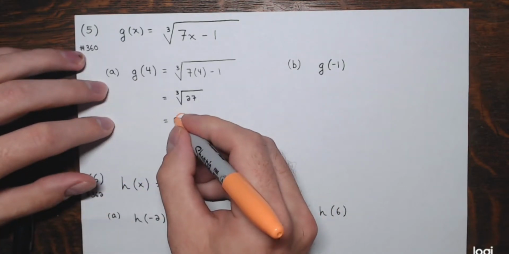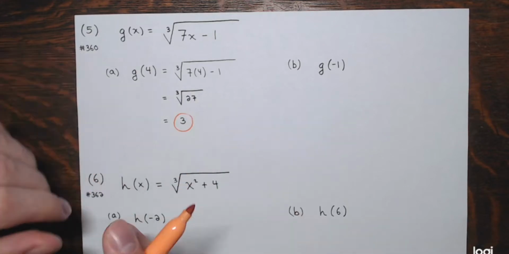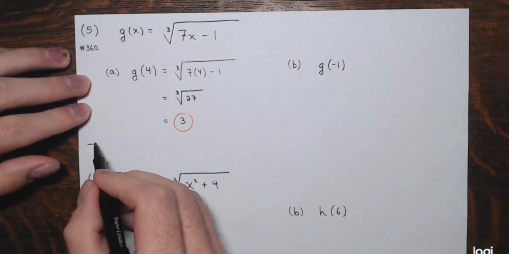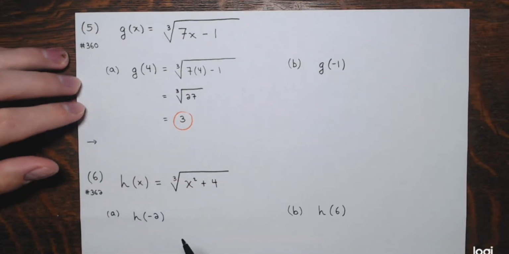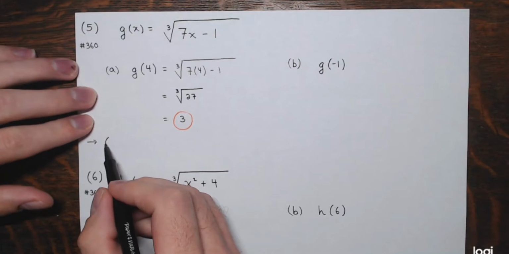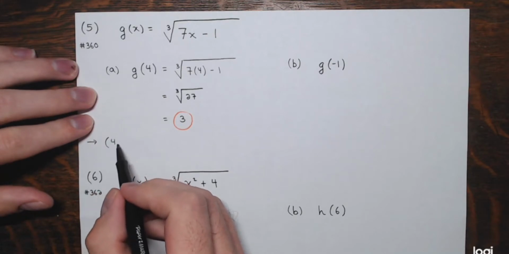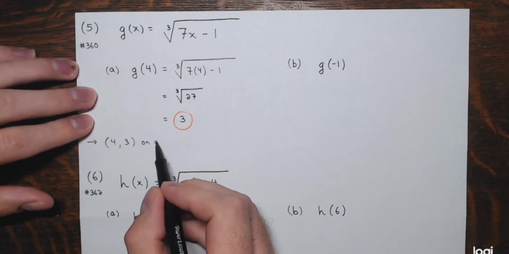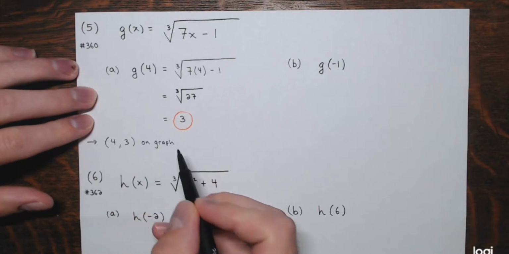So the value of this function when the input is 4 is 3. And if you want to say something about the graph of function g here, the ordered pair input 4, comma, output 3 would be on the graph of the function.